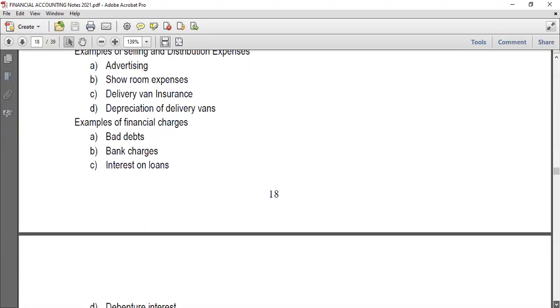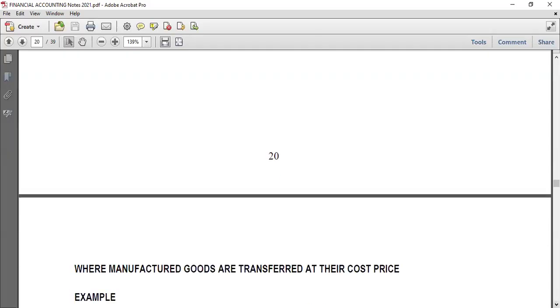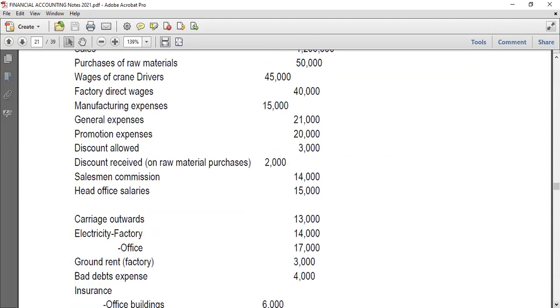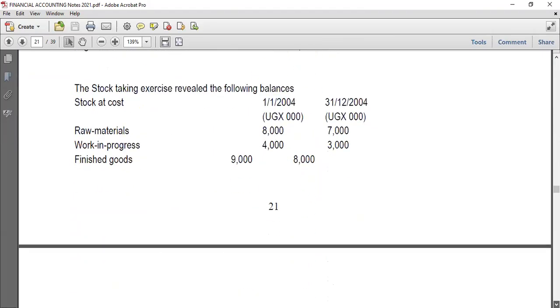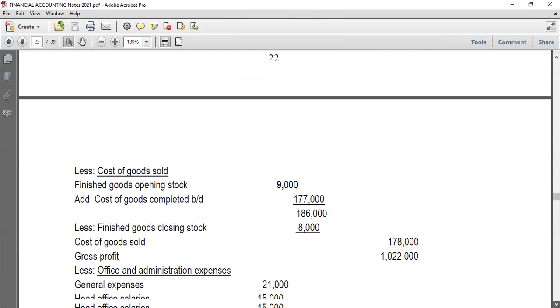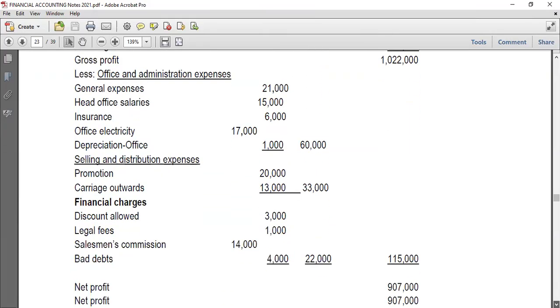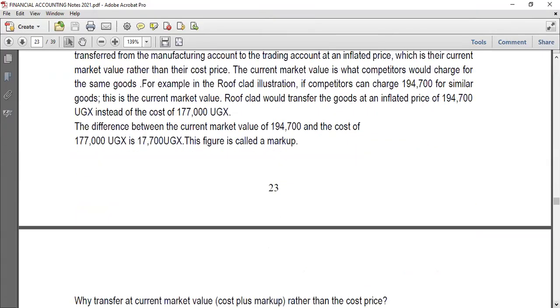Because remember, you've already transferred your goods at a profit, at a markup. Now the question is, since you're closing up your books of accounts and you have some closing stock, how do you cater for the profit on that closing stock, which is not yet realized?